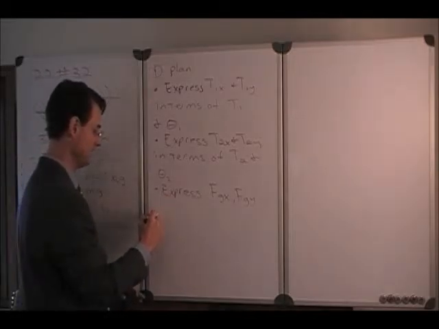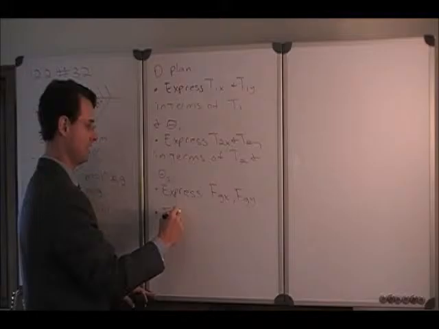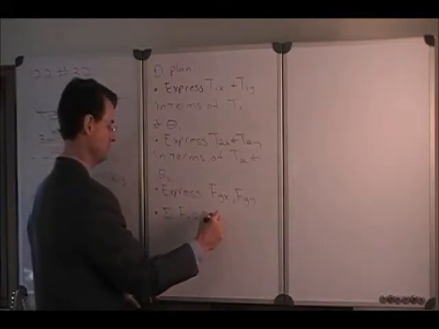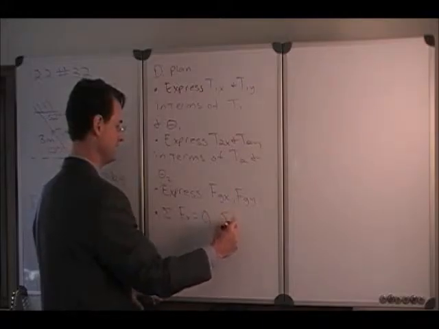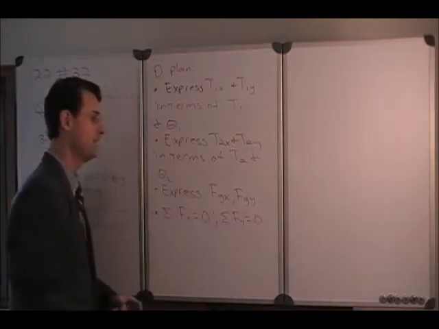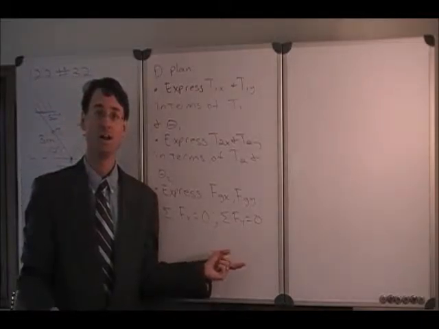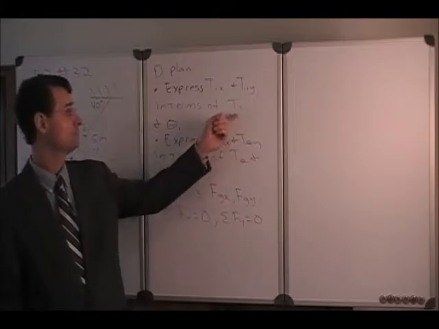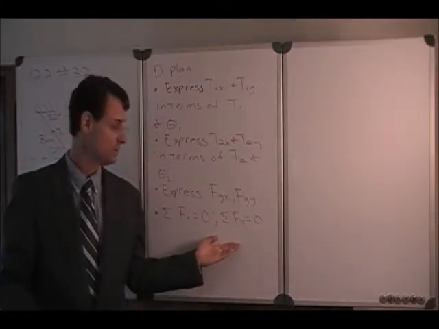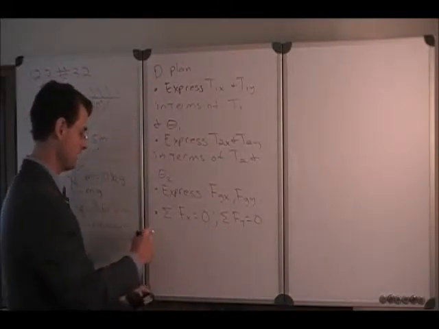All right, and now we want to set the sum of the x forces equal to 0, and we set the sum of the y forces equal to 0. And what this gives us is two equations and two unknowns, right? Our two unknowns are T1 and T2, and they're the only unknowns that should appear in these two equations.